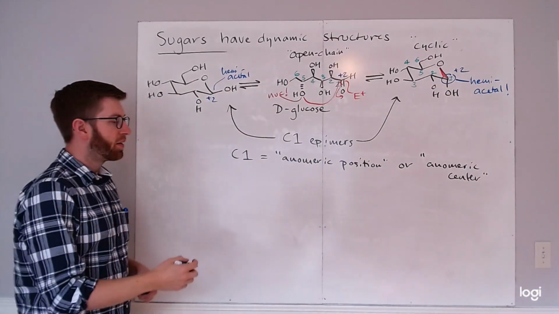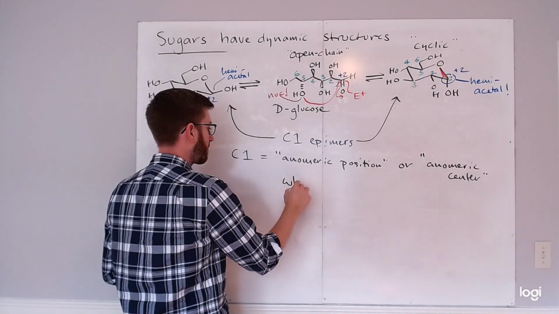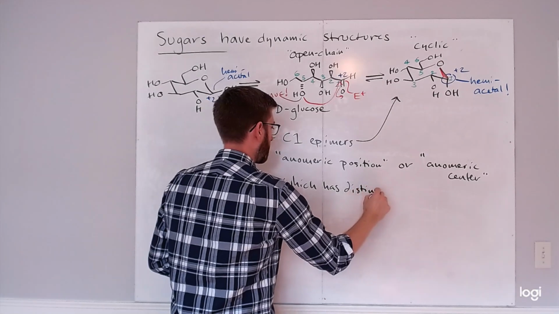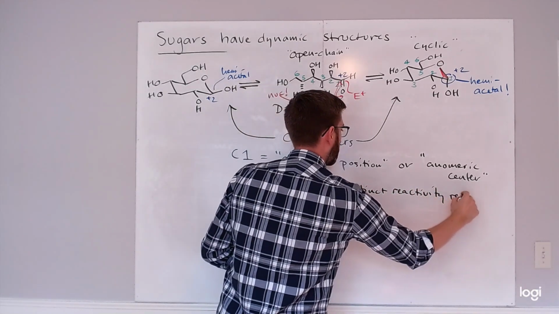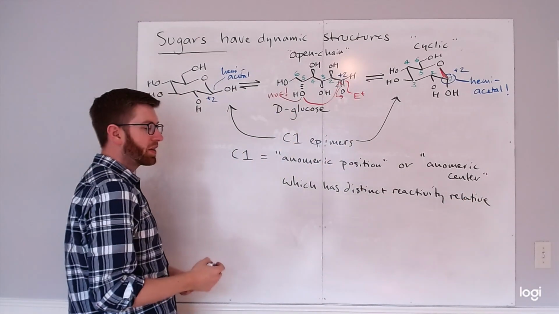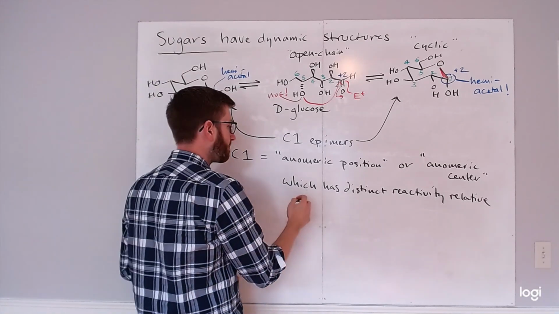And like I said, it has distinct chemistry from every other carbon. We're going to look more at specific examples of this distinct reactivity of the anomeric position in video number 4.